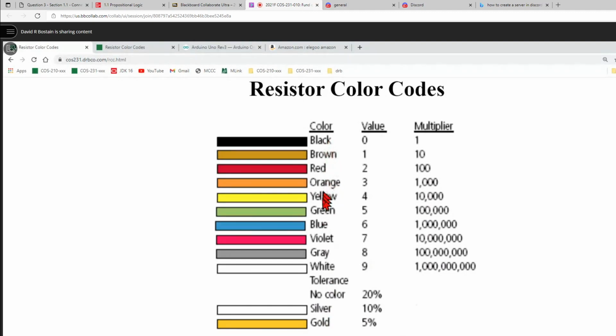Now, it's really easy to memorize these. It's not imperative that you memorize them, but it'll certainly make your work faster if you do. And they're basically Roy G. Biv in here. If you take a look at the ordering, you start to figure out what they are, and then this stuff just kind of sticks in your head once you've done them a couple times. Remember, we're using our bands, 2 values which are significant, and then the multiplier, don't forget about this.